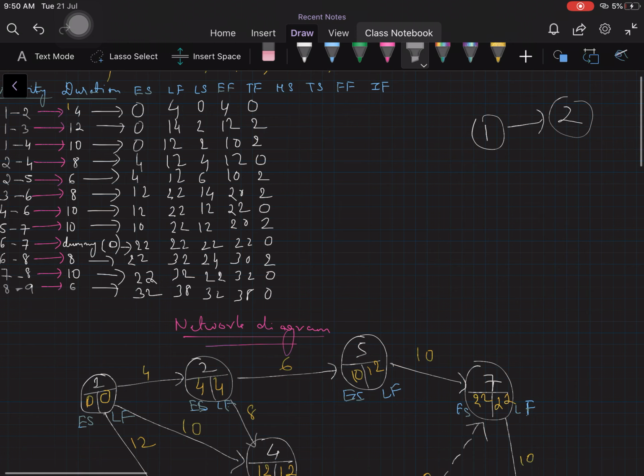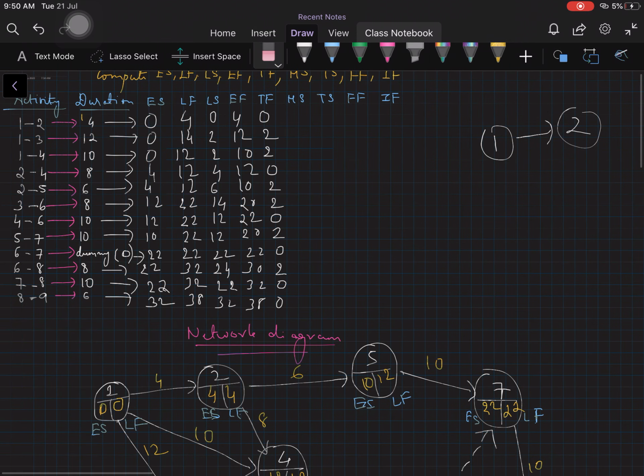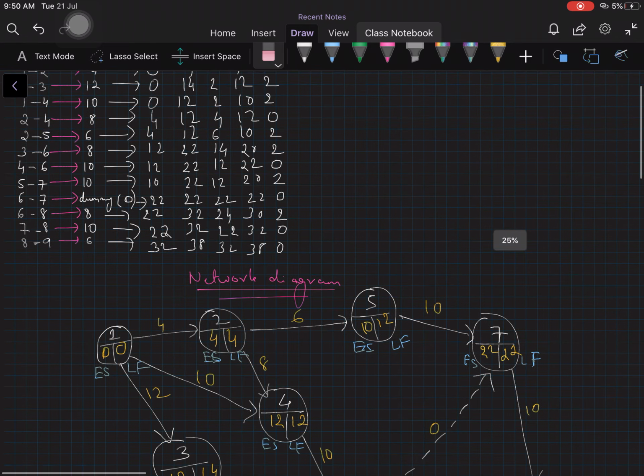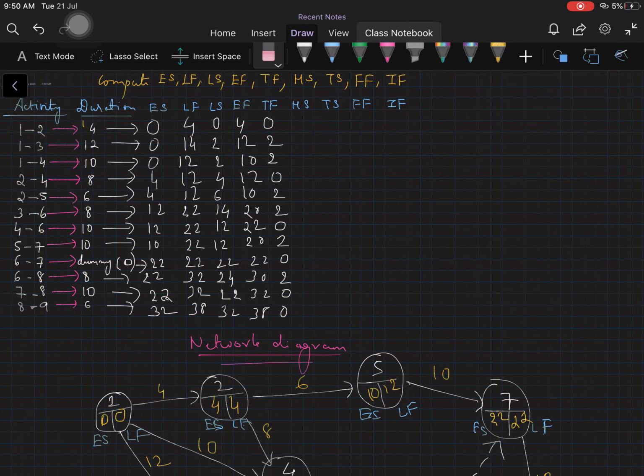Now what do you mean by slack? Tail event slack and head event slack. For head event slack, let's go to the heads of the activities. These are the heads, isn't it? These are called head events of all the activities. Now what are tail events?